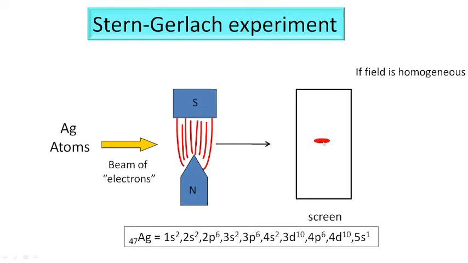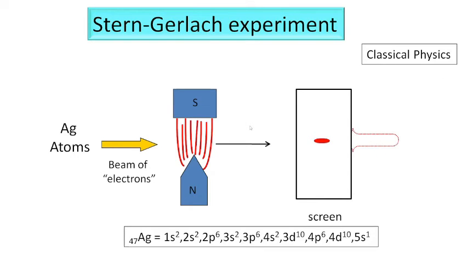This spot is because of the deposition of silver atoms on the recorder screen. But classical physics suggests that if we have this inhomogeneous magnetic field and the collimated beam of silver atoms is passed through it, then we get this kind of response. The atoms are deposited vertically.